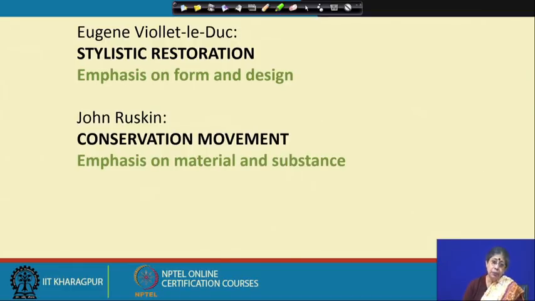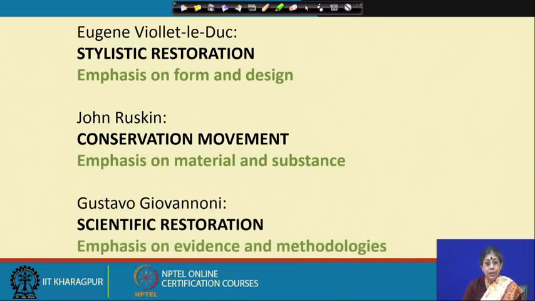The other approach was by John Ruskin, which actually formally started the conservation movement as we see today. There the emphasis was more on material and the subject, not so much on the form and the design. The third approach happened in Italy, with the emphasis on the scientific restoration process, on evidence and methodology.